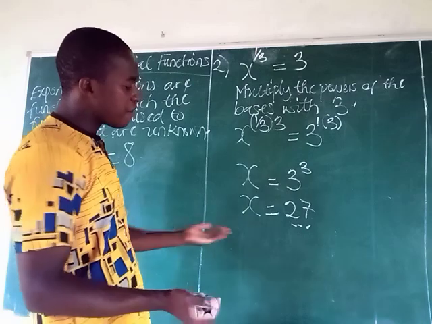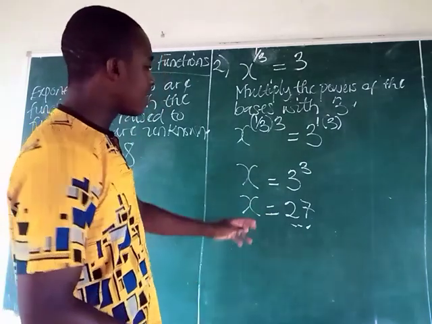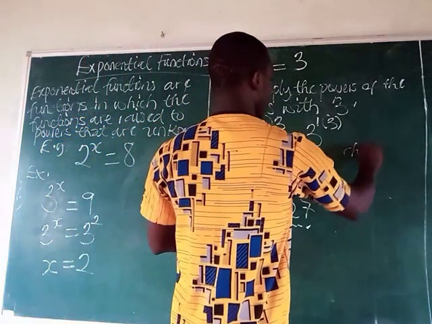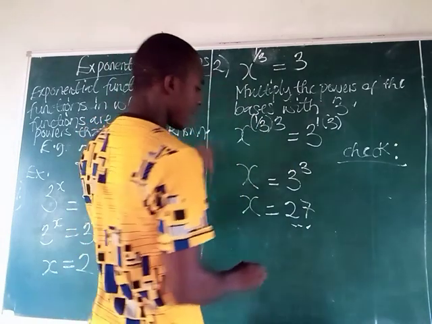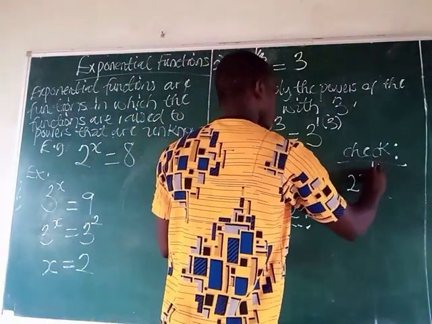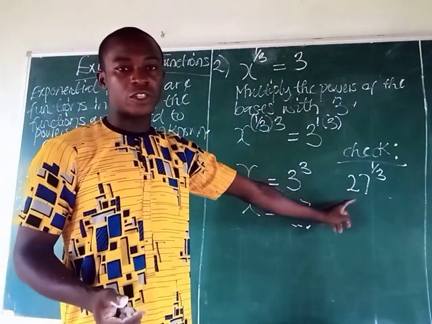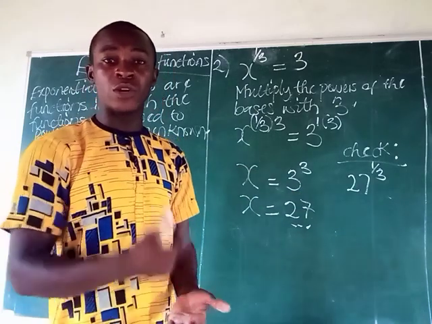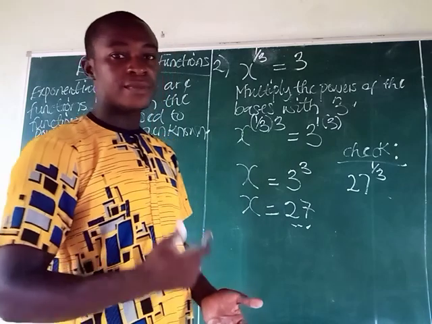So let's check if our answer is correct, that x is equal to 27. Let's substitute: 27 raised to the power of 1 over 3. Do you remember this law? In indices, they call it the root law, and here we have a fractional index.